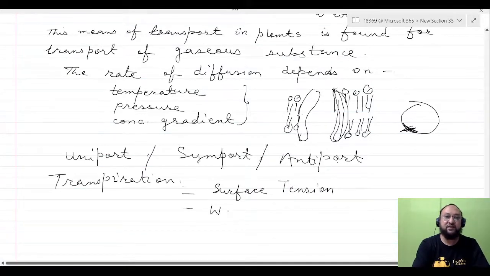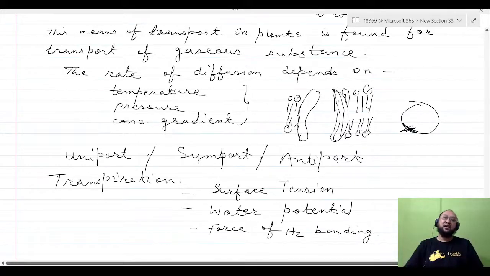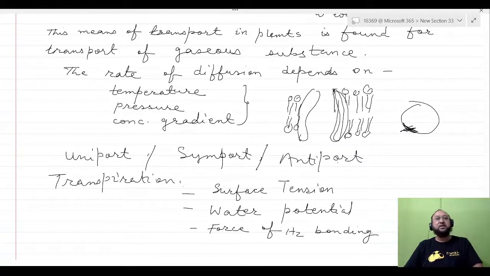Water potential gradient I will tell in the next class. Another is the force of hydrogen bonding between water molecules. These are the forces that help in the movement of water during transpiration.